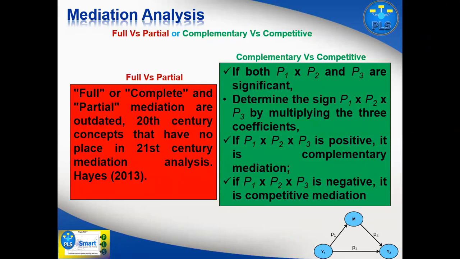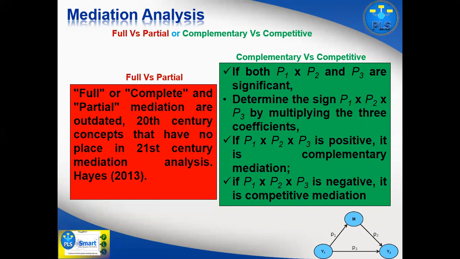Then there is an issue. Before, there was what we call full and partial mediation. A lot of people before would report full and partial. What is full and partial?